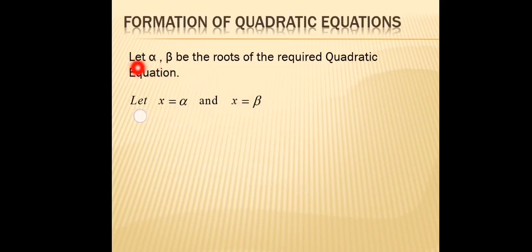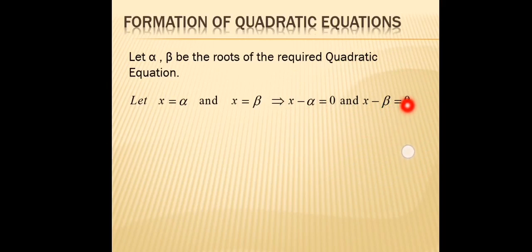If we shift alpha and beta to the other side of the equation, we get x minus alpha is equal to 0 and x minus beta is equal to 0. Since we will go in the opposite way of solving the quadratic equation, in the quadratic equation we wrote these factors separately.